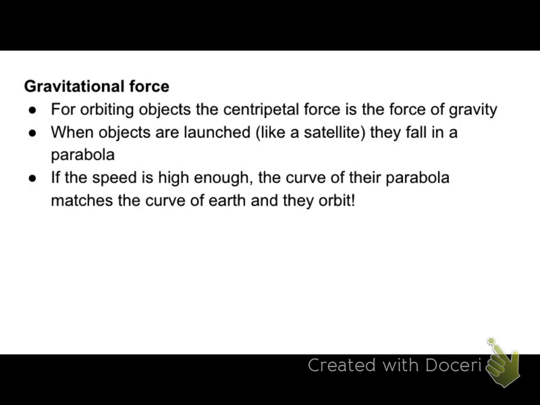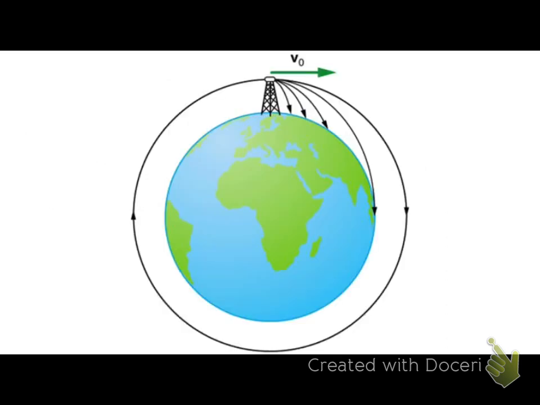I can show you an image of this, and you have it there on your notes already. You can see the smaller parabola at the top, when we don't have the right velocity, and how it keeps curving and curving and hitting the Earth. But when you launch one fast enough, the curve of the parabola matches the curve of Earth.